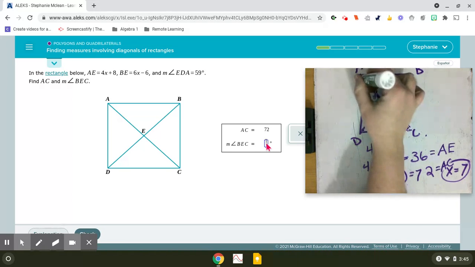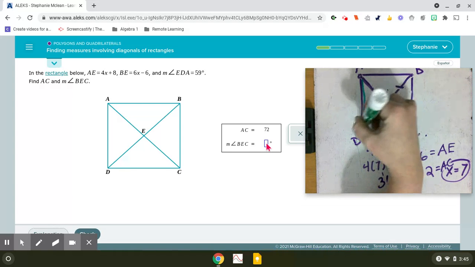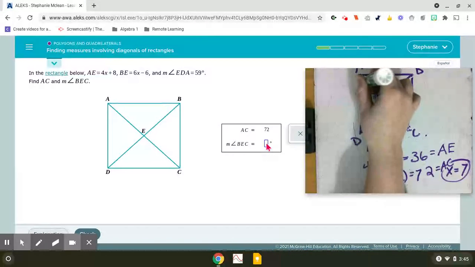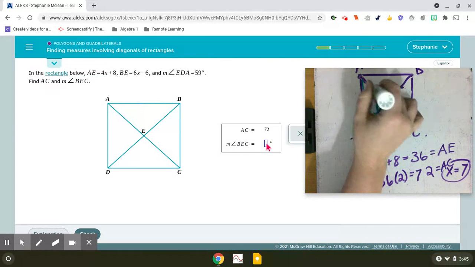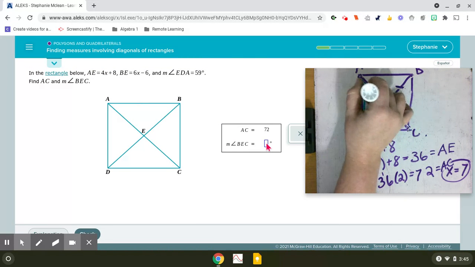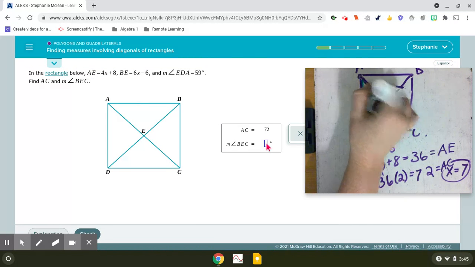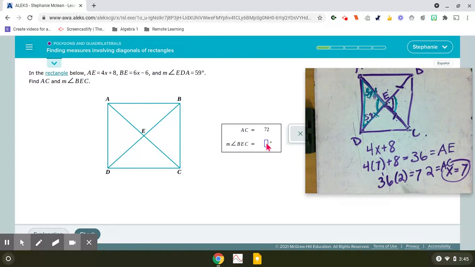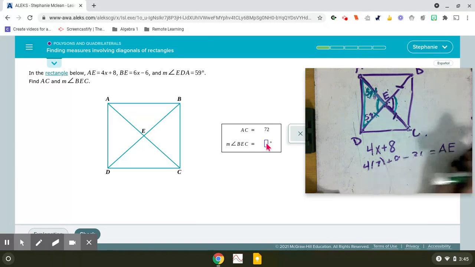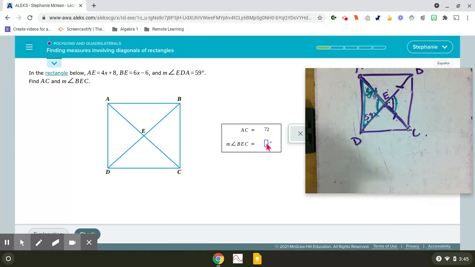That means that this triangle down here is an isosceles triangle, and in an isosceles triangle, the two bottom angles are equal. So if this one's 59, that one must also be 59. We know that the interior angles of a triangle all add up to 180.